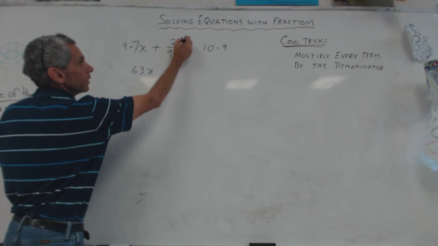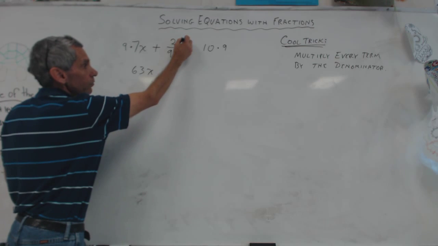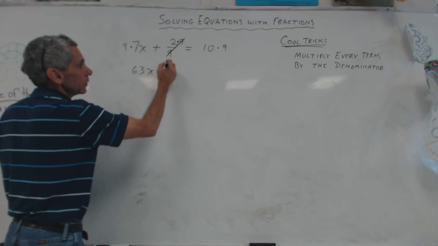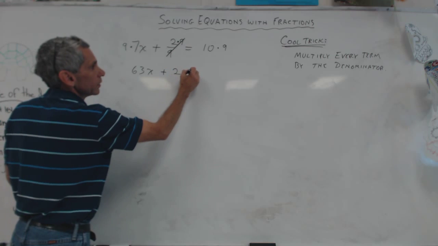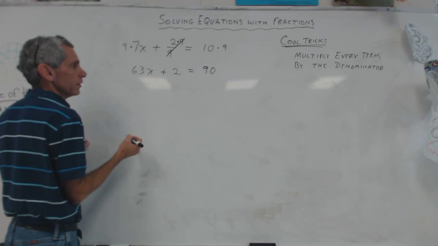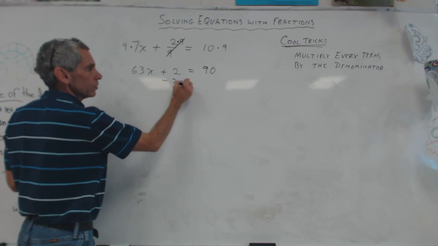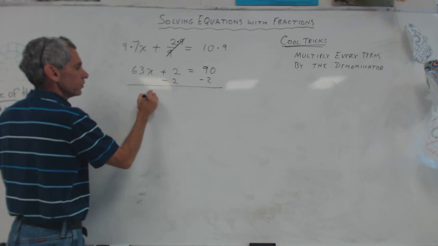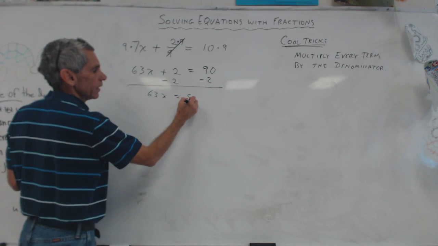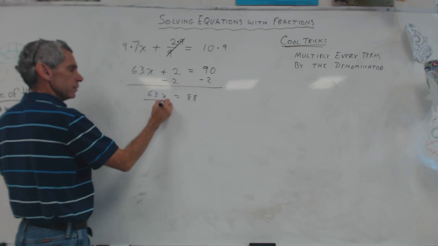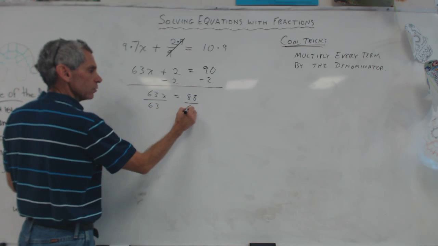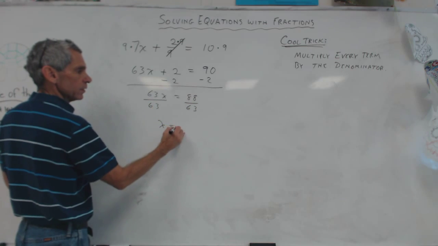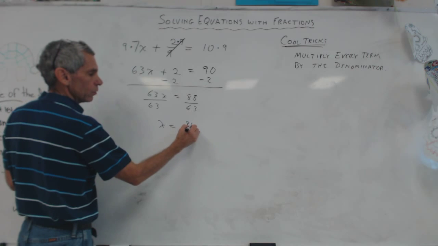So 9 times 7 is 63x. Now these 9's cross out. 9 over 9 is 1. I don't need them. So then plus 2 is equal to 90, right? Now I just subtract 2, and I have 63x is equal to 88. Divide by 63, x is equal to 88 over 63.